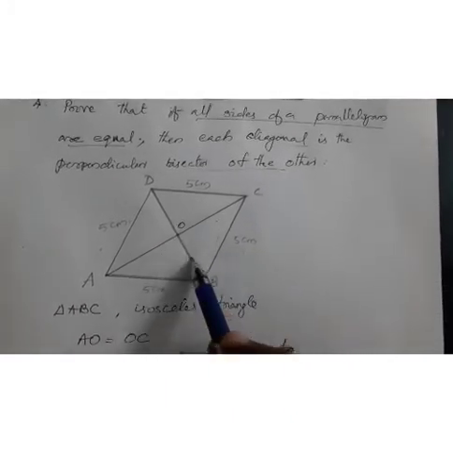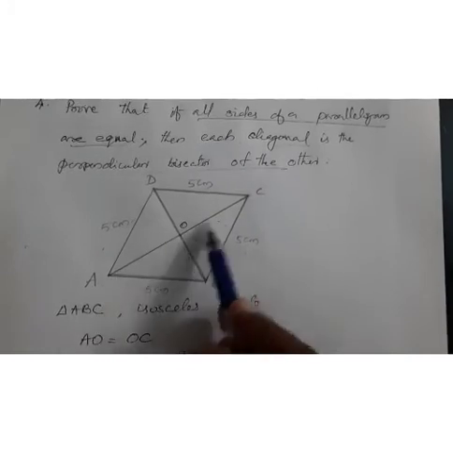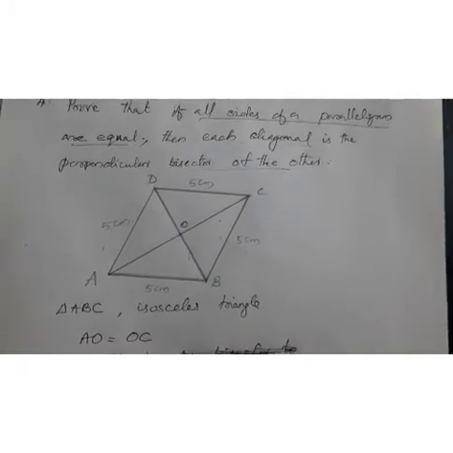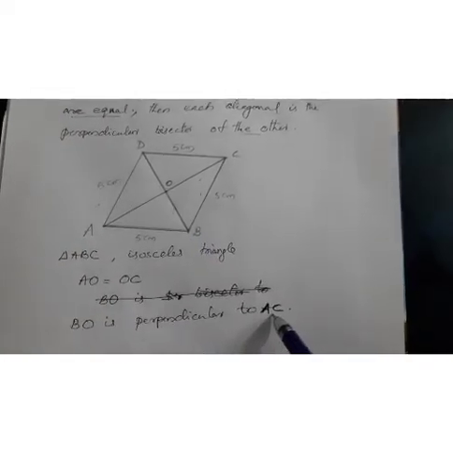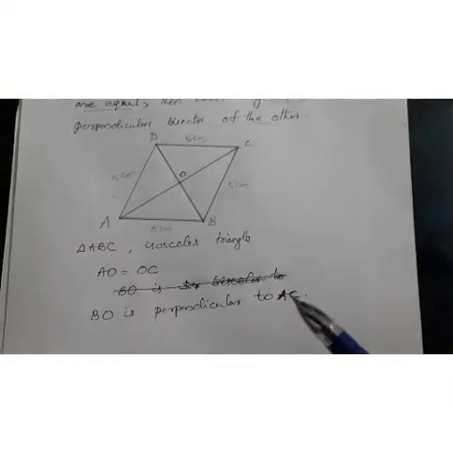So you can write OB is the perpendicular of this line. OA equal to OC and BO is the perpendicular to AC.